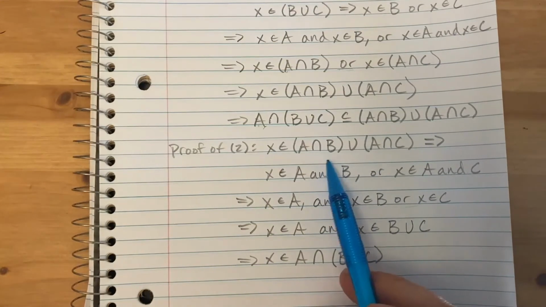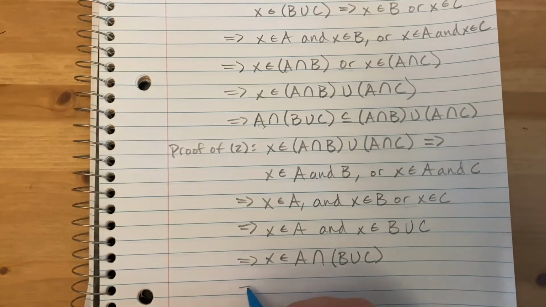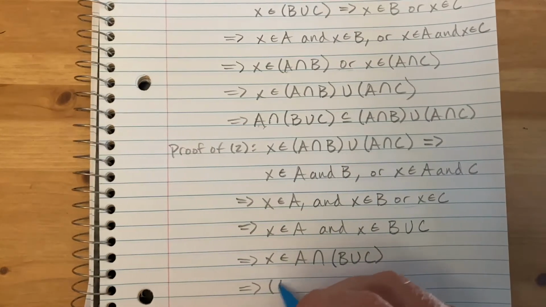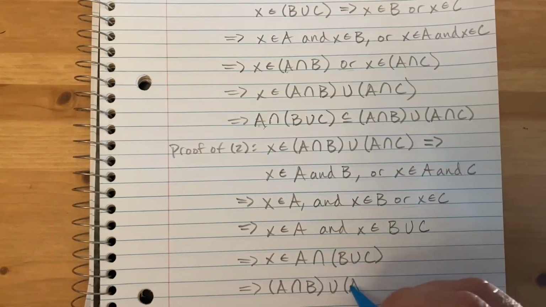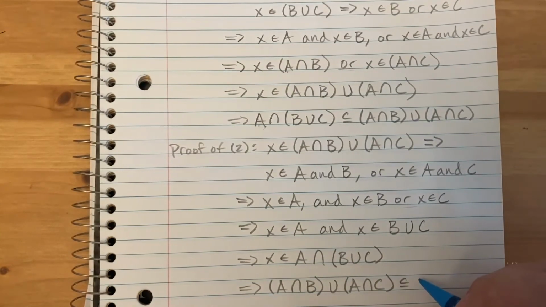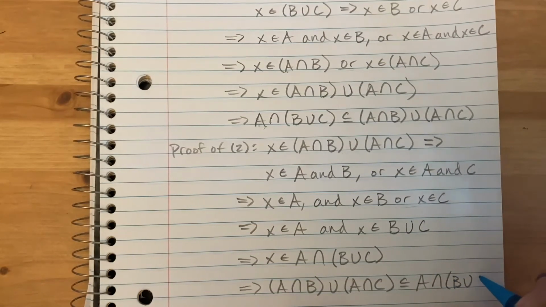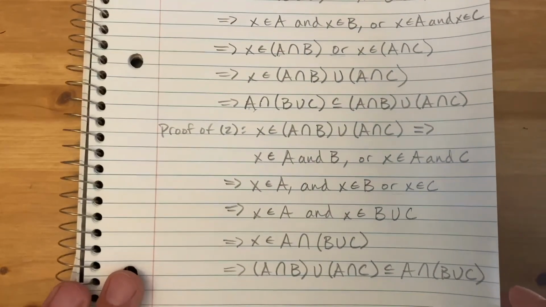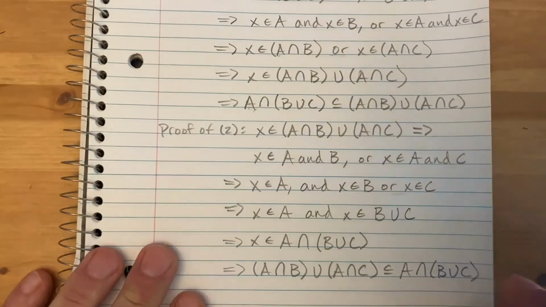And we have just proved the equality in the other direction. We've proved that this is a subset of this, right? So therefore, (A intersect B) union (A intersect C) is a subset of A intersect (B union C). So we've proven it in both directions. They're each subsets of each other, and so they are equivalent sets.